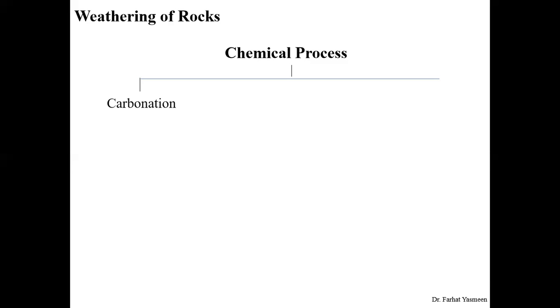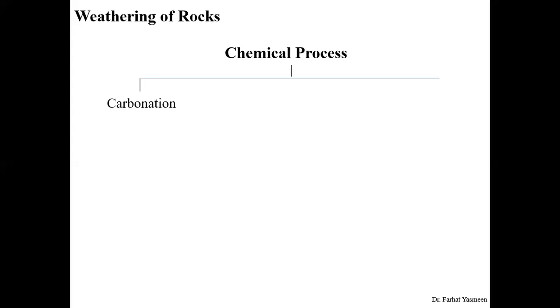The first example of chemical weathering is carbonation. In this process, carbon dioxide present in the air combines with water and results in the formation of carbonic acid. As you all know, acids dissolve the materials of rocks.